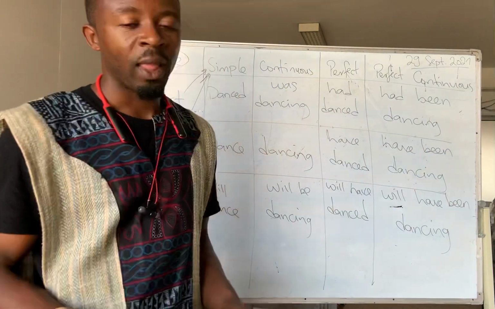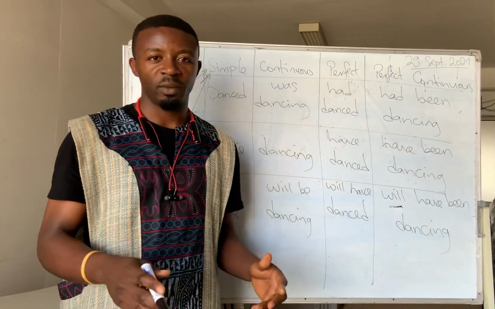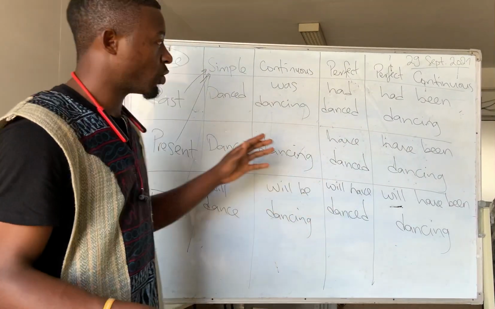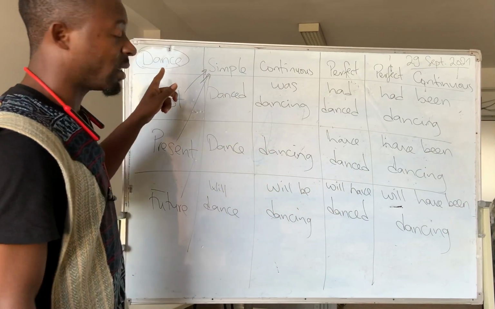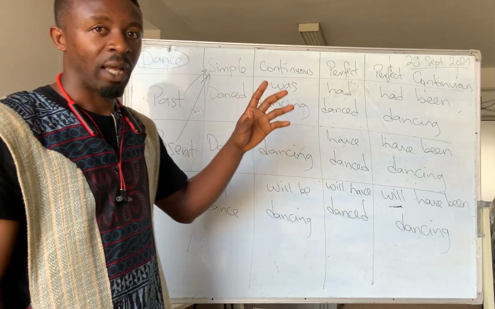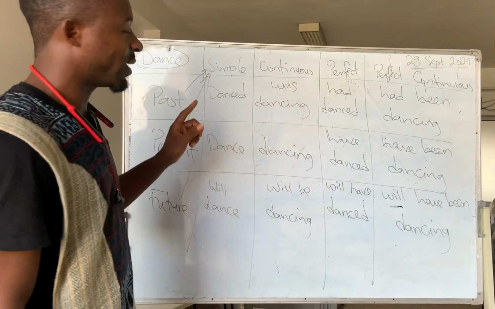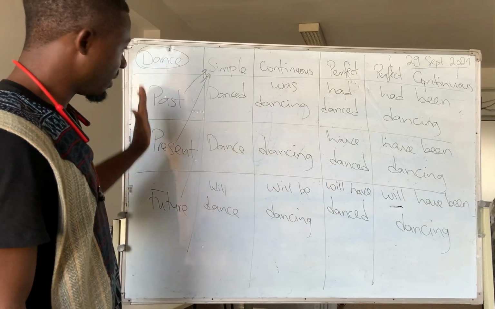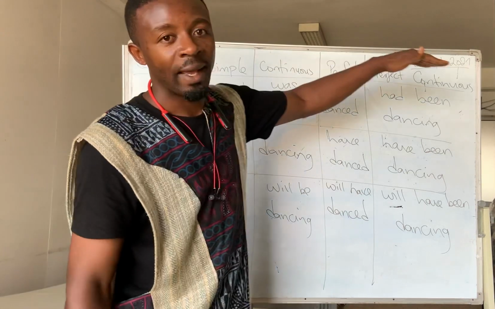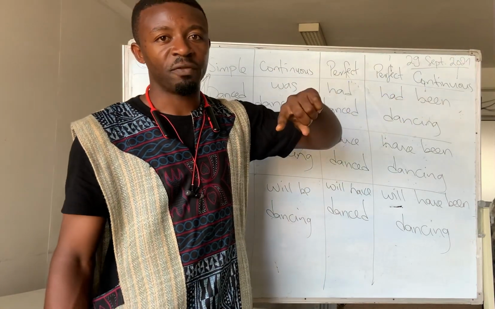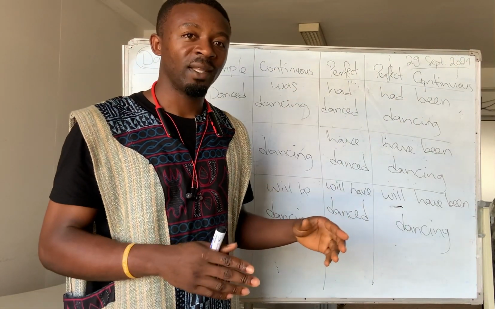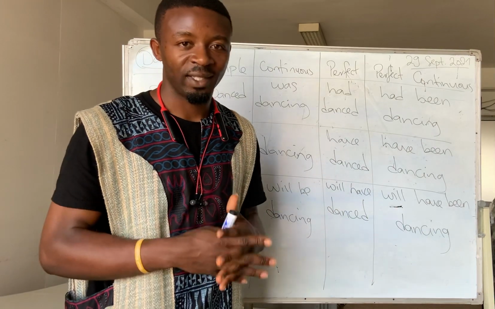Cool. Every other verb in the English language is conjugated using tenses. And the best way for you to understand which tense to use is to understand that tense has to do with time and aspect. And every verb in English can be conjugated in 12 different tenses.